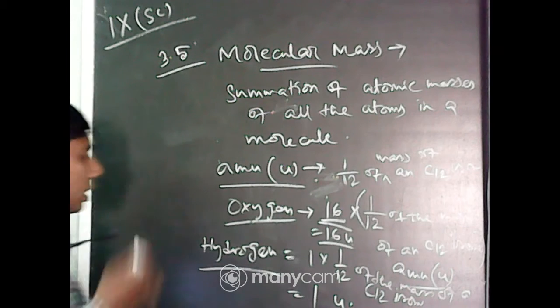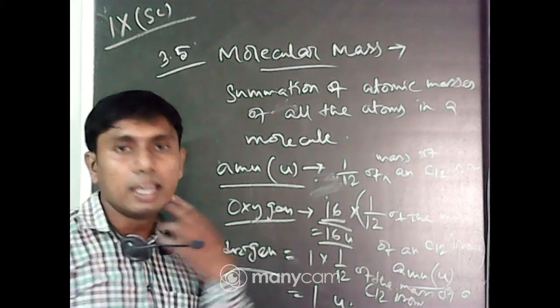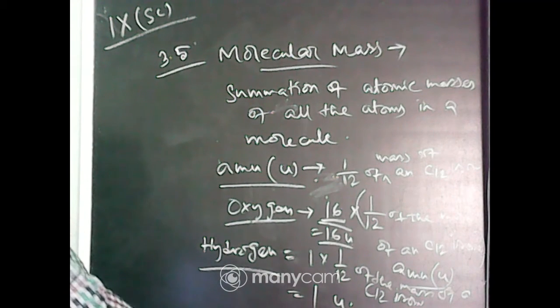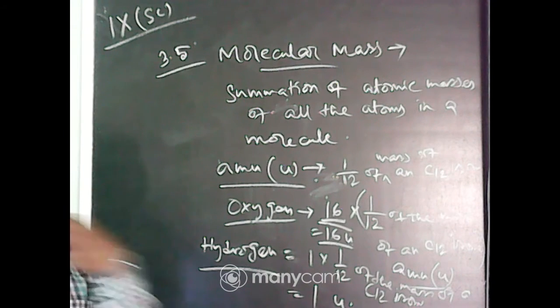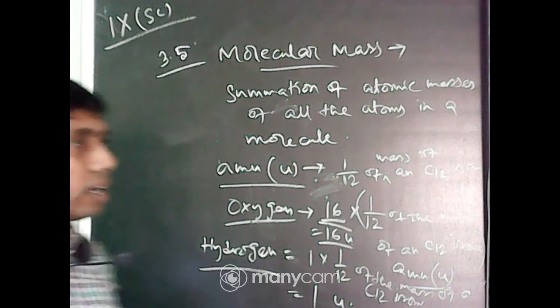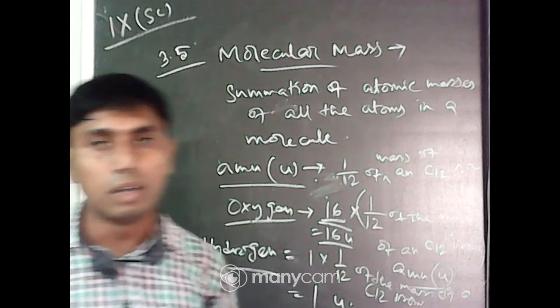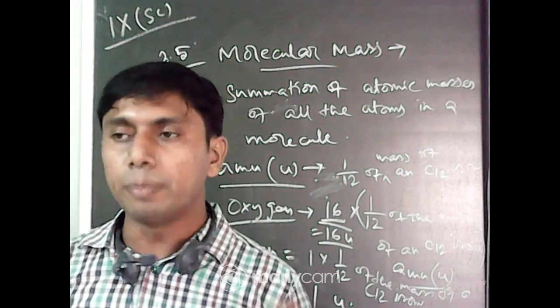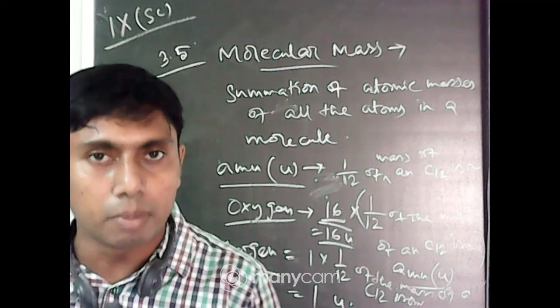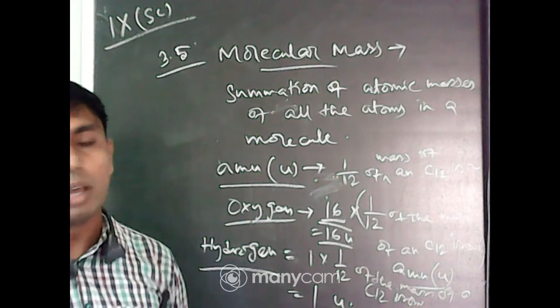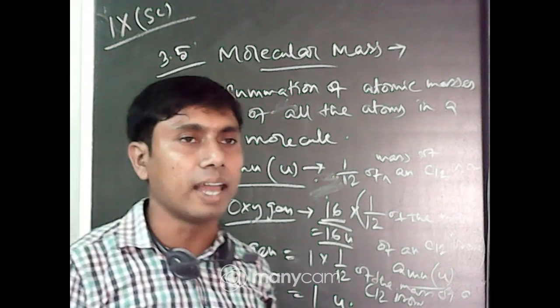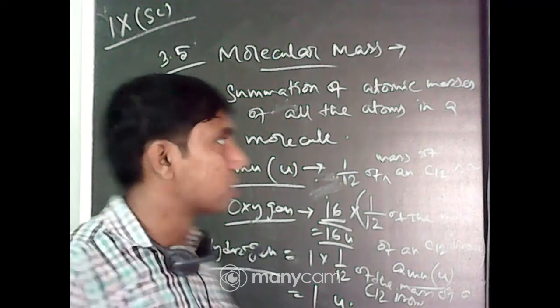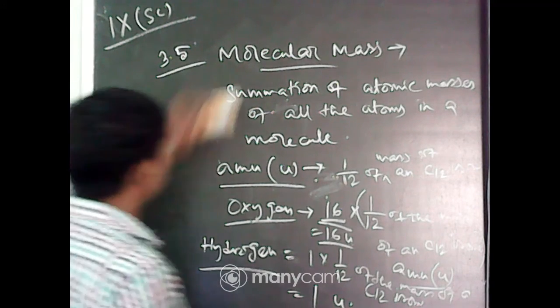In the same way we can calculate it for every element, and there is a chart where the atomic masses are given. Here you have to remember the atomic masses of some simple atoms, so that you can calculate the molecular mass.